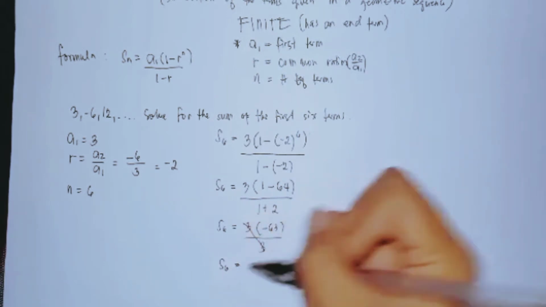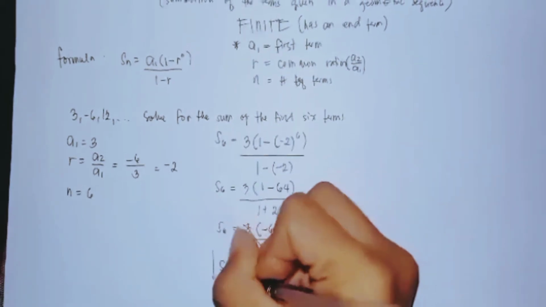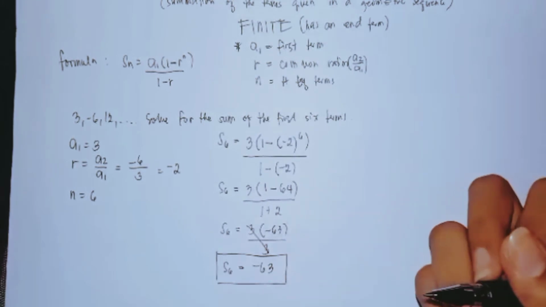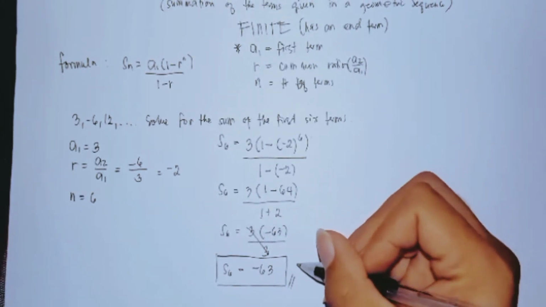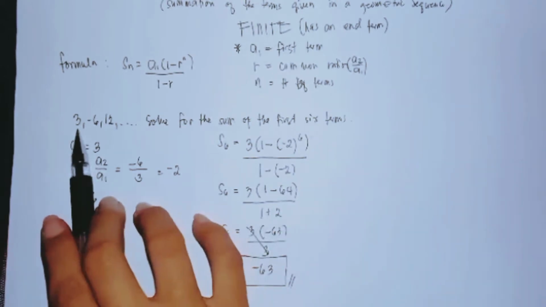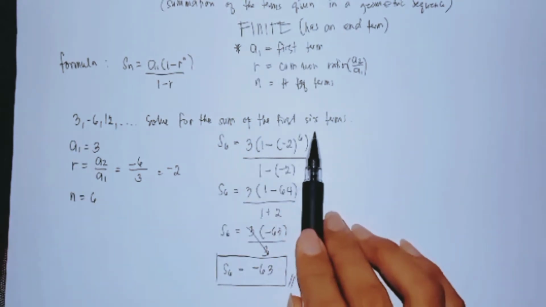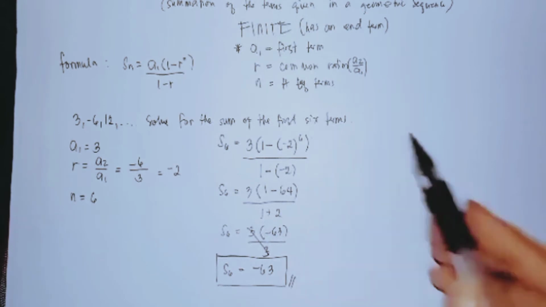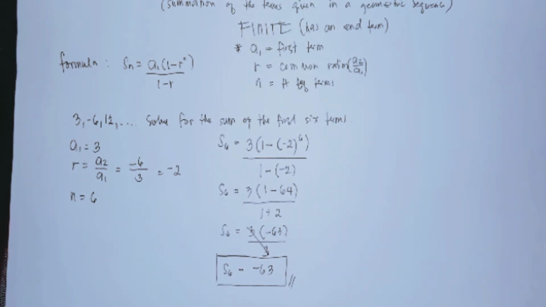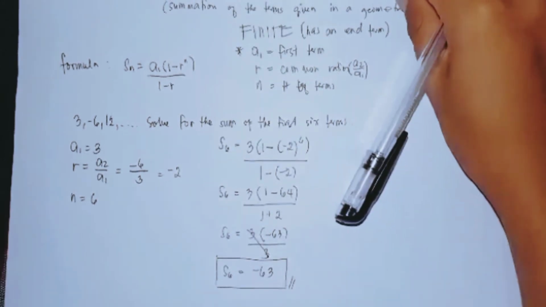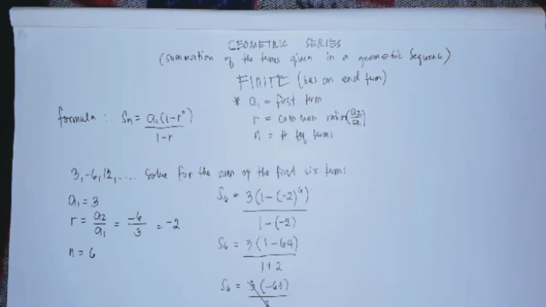So, ang matitira ay negative 63. So, anong ibig sabihin ni S6 is equal to negative 63? It is the sum of all the terms from 3 up unto the 6th term of the geometric series. So, yun po ang first example natin for finite geometric series.